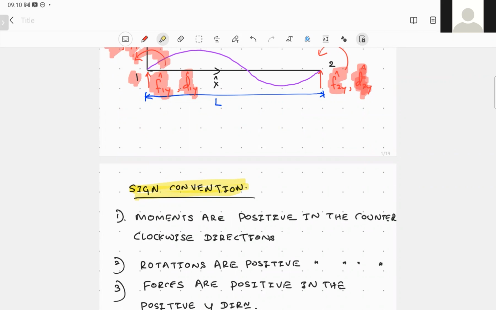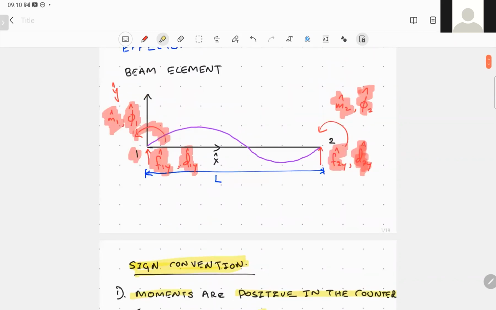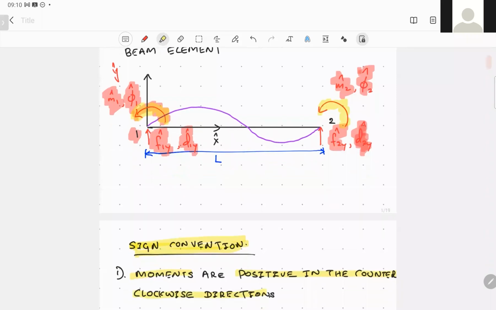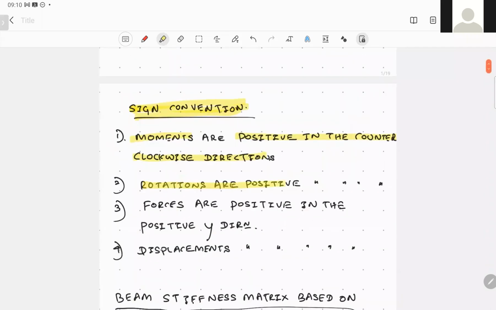So we consider the moments in the counterclockwise direction to be positive. Rotations are positive again in the counterclockwise direction. So if the rotations are in the direction of the bending moment, then they are considered positive. Forces are positive in the positive y direction.